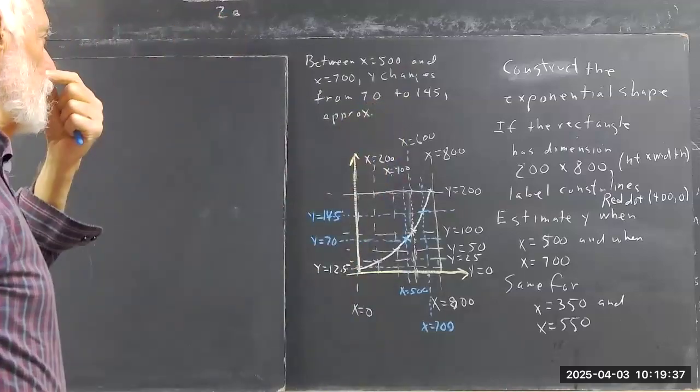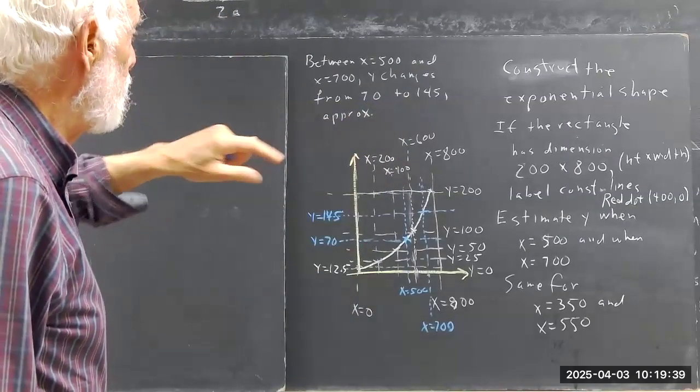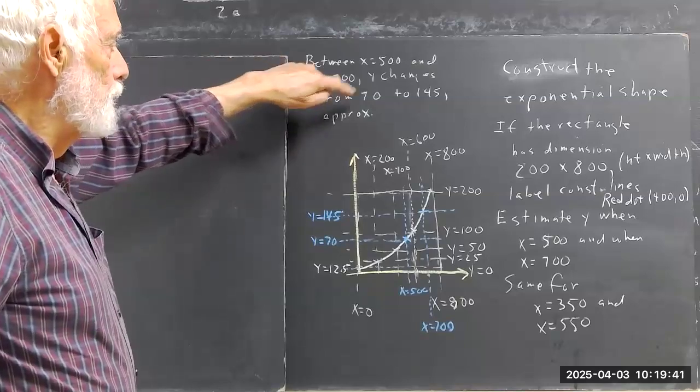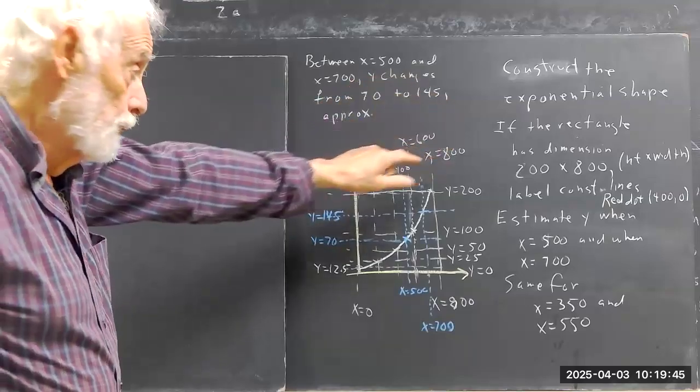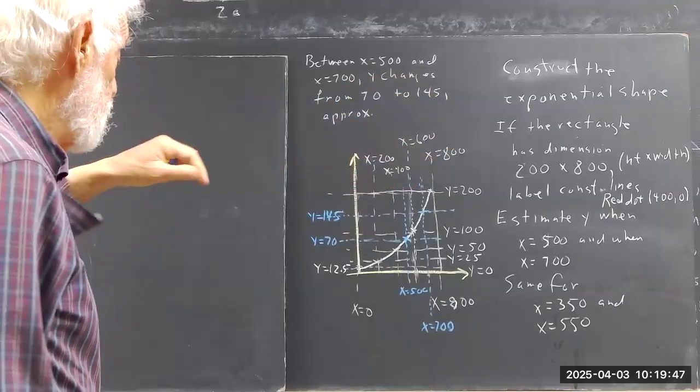So I can say between x equals 500 and x equals 700, according to our graph, y appears to change from 70 to 145 approximately.